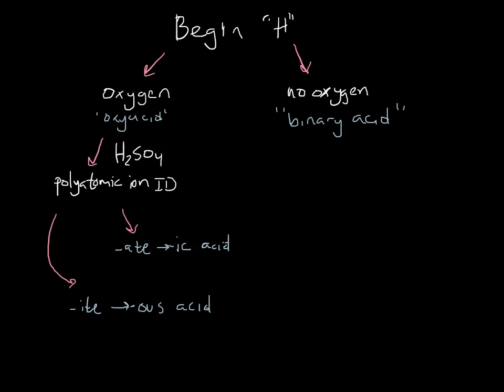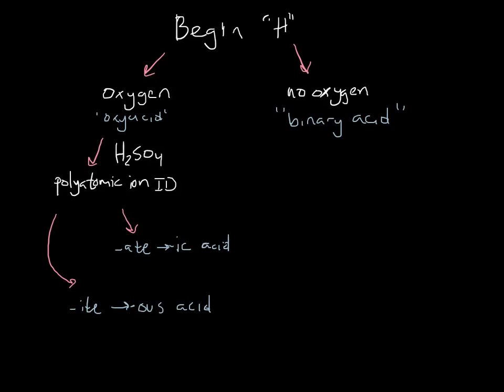And those are the only two endings that come on polyatomic ions, ate and ite. And so it's just ic and ous. Those are your only two choices. So identify it as an acid, identify it as an oxy acid, name the polyatomic ion, drop ate if there's an ate, turn it to ic, drop ite if there's an ite, and turn it to ous.